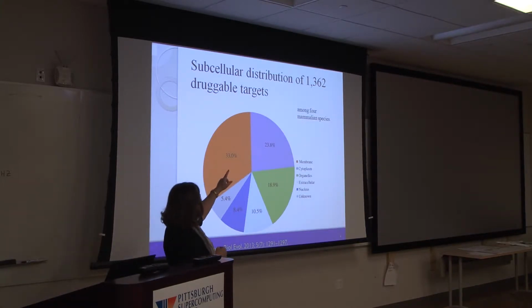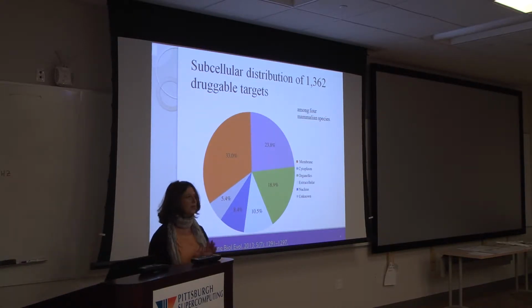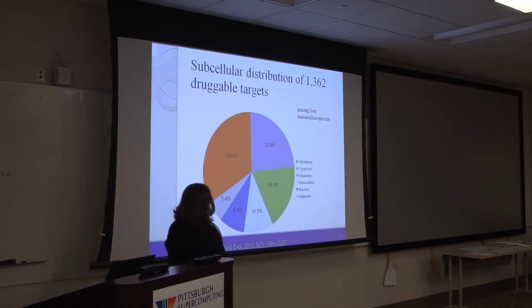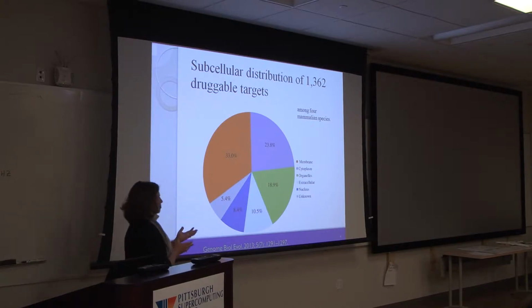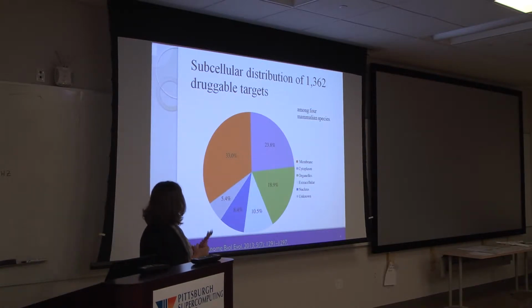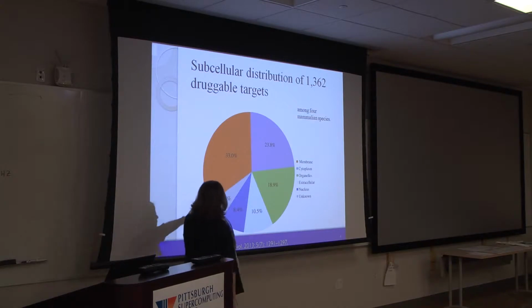Okay, and you can include a few more mammalian. The distribution here, published in 2013, so it's more or less updated. They considered 4 mammalian species, mice, and I don't remember which ones exactly, including humans. And they just examined the distribution of those proteins.